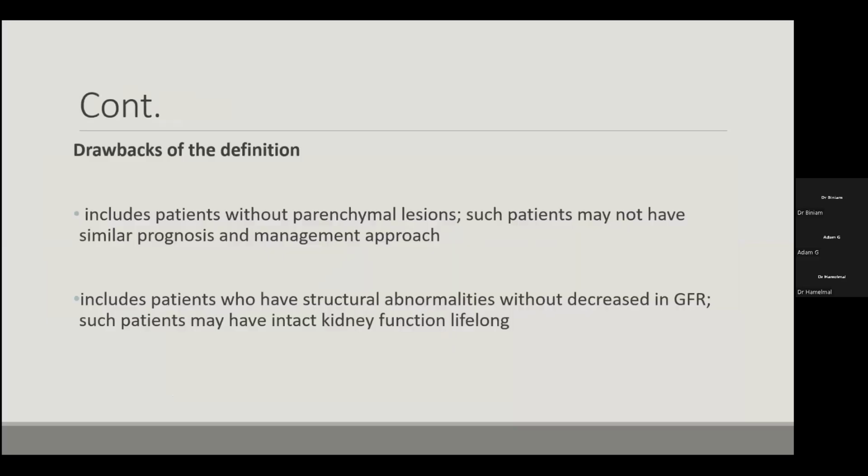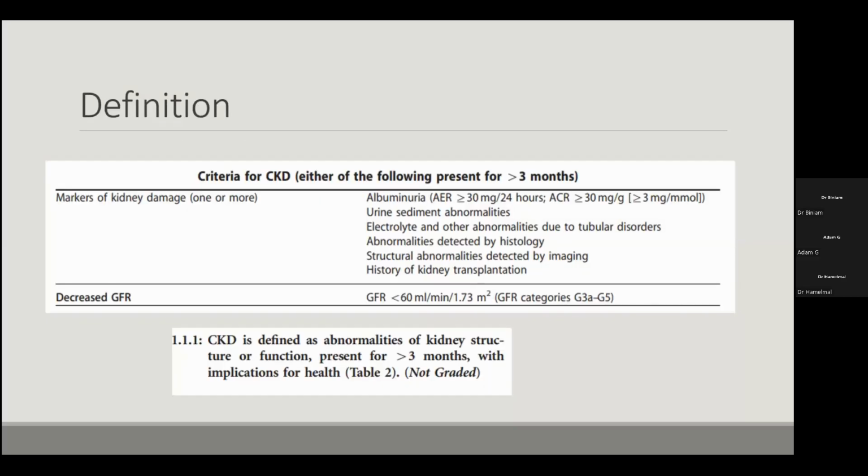So there are drawbacks of this definition. As you can see, GFR less than 60, okay, we accept, because anybody with impaired GFR is believed to have chronic kidney disease, and there are measures we should take as soon as we can. But markers of kidney damage without any decline in GFR may be questionable.